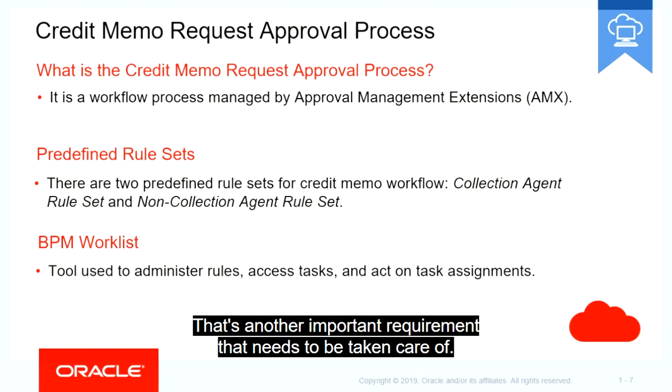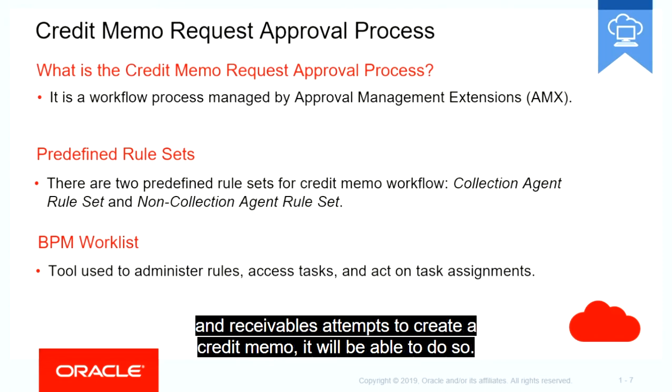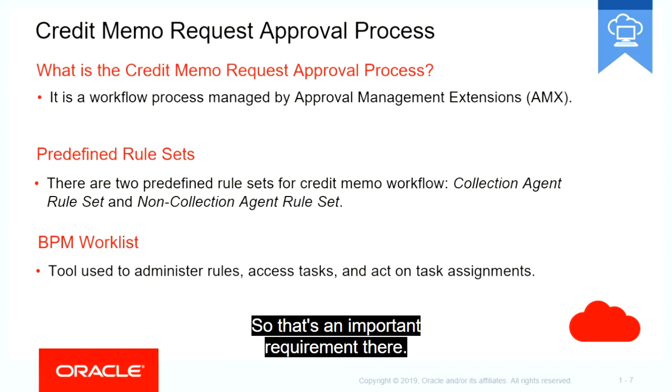That's another important requirement that needs to be taken care of. That way, when this credit memo request approval process is initiated and receivables attempts to create a credit memo, it will be able to do so. It will look at the invoice, it will look at the transaction type, and from there it'll know which credit memo type to use. So that's an important requirement there.